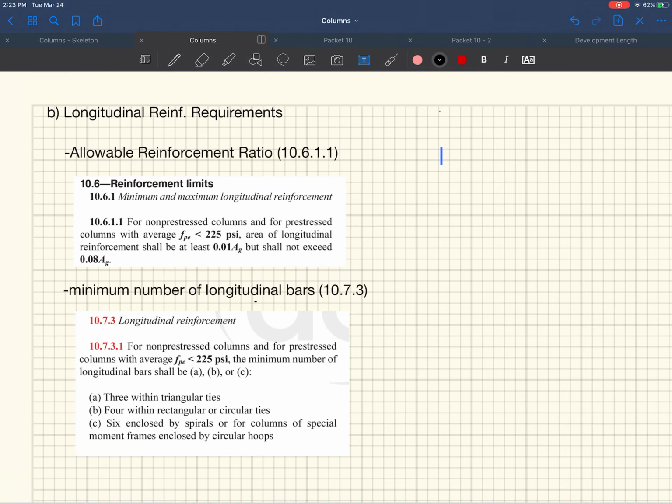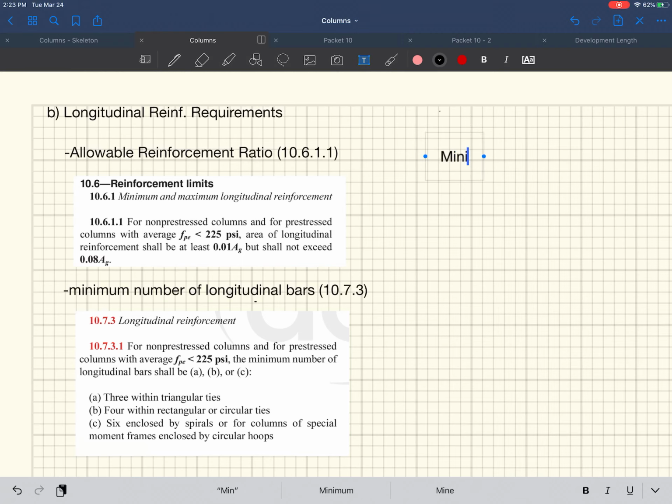This is straight out of the code, okay? If this thing is just concentrically loaded, a short concrete column, there should be no tension in it anywhere, and so you should just be able to not include any longitudinal reinforcement.